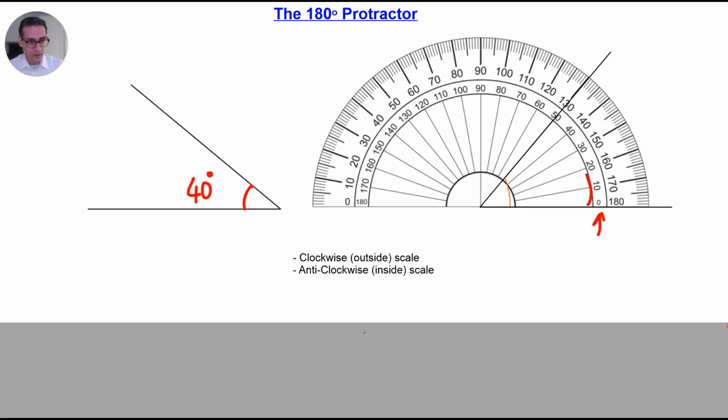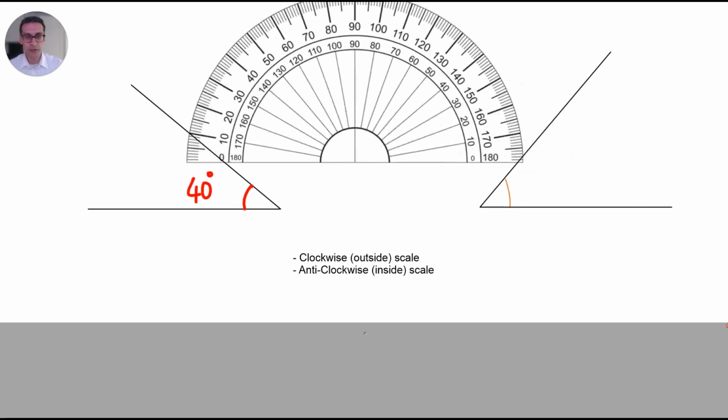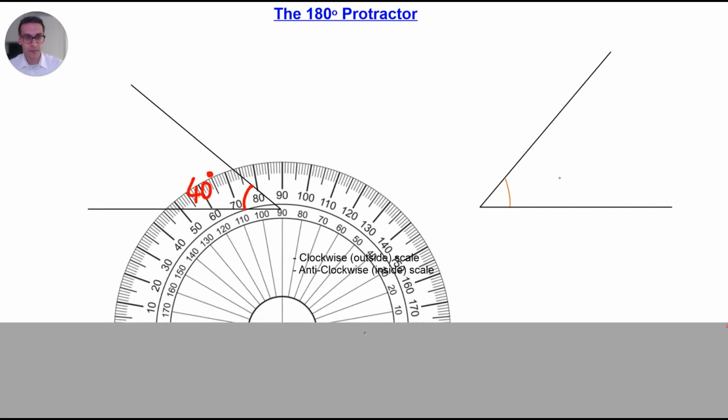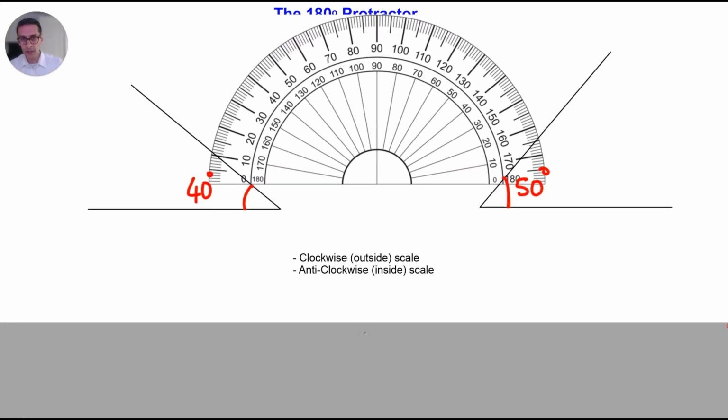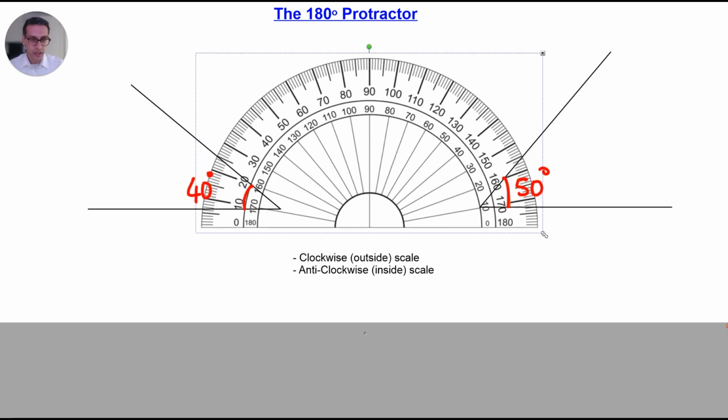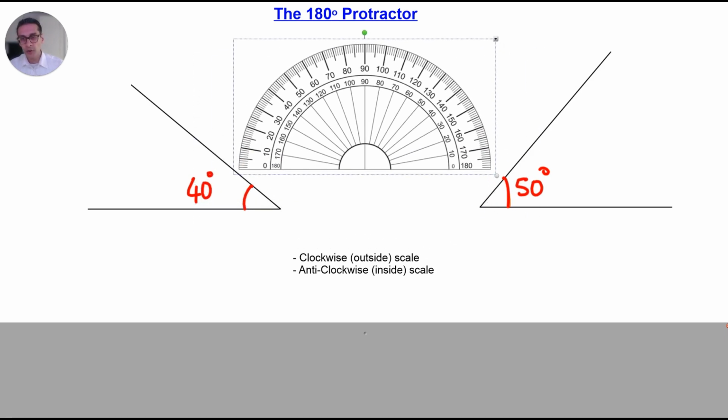So you can see it goes all the way up to here, and then it touches at 50. So it goes exactly through 50. So in this case, if we move our protractor out the way, we can say that this angle here is 50 degrees. So deciding whether to use the clockwise or anti-clockwise scale will depend on where 0 is.